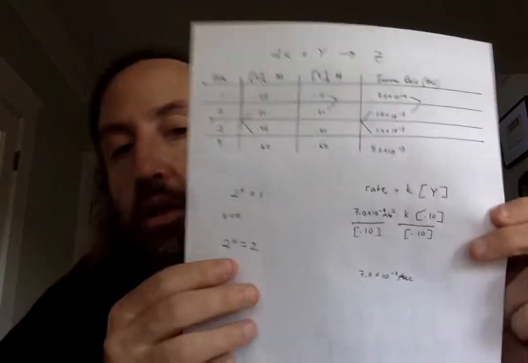Divide both sides by 0.10. And so my k is going to be 7.0 times 10 to the negative 3. Sorry, I had the molarity per second from the rate. You divide it by the molarity there, and that's going to give you 1 over seconds. So that is my k right there.